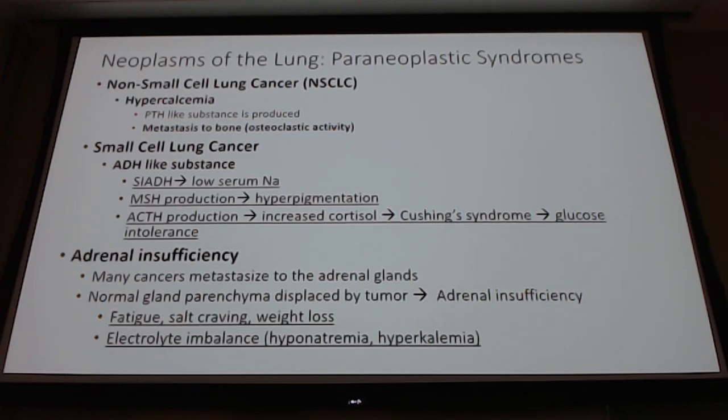And then ACTH production, you're going to have increased cortisol, a Cushing syndrome type picture, and glucose intolerance. Then adrenal insufficiency, fatigue, salt wasting or salt craving, weight loss. You may have electrolyte imbalance, hyponatremia, hyperkalemia. But the biggest ones are non-small cell hypercalcemia, small cell ADH.